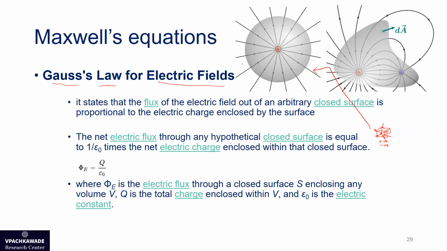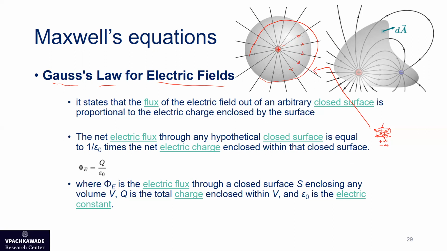There is a closed surface indicated by the sphere, and there is a positive charge sitting over here. When this positive charge is in the static position, not moving, it will radiate the electric field around it, indicated by the arrows.